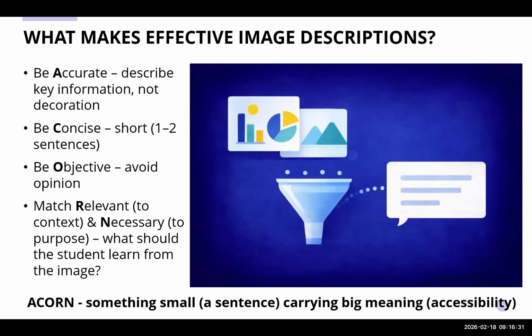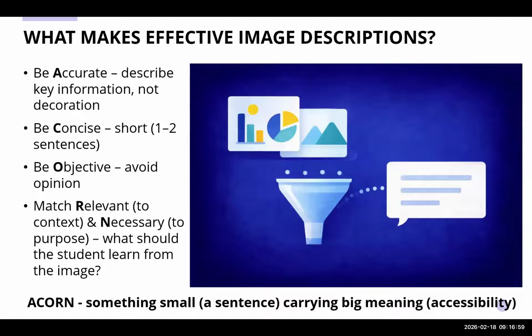You do not need to mention every shade of color unless it is, again, central to your teaching goal. Second, be concise. In most of the cases, one or two lines are enough for alternative text. But if you find yourself writing a paragraph, that is usually a sign that this information belongs in the main longer detail, not in the alternative text.